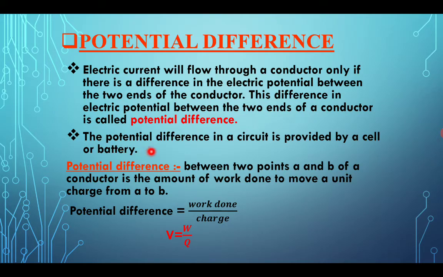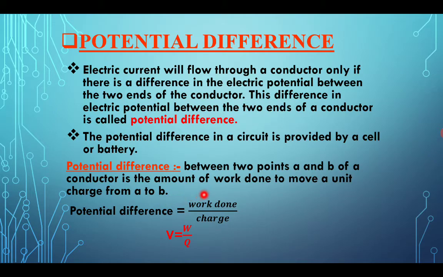As we know, the potential difference in a circuit is provided by a cell or a battery or some external AC source. Suppose we have two terminals of a given conductor, A and B, its two ends. In that case, the potential difference is equal to the amount of work done in moving a unit charge from point A to point B. Here point A is at lower potential and point B is at higher potential.